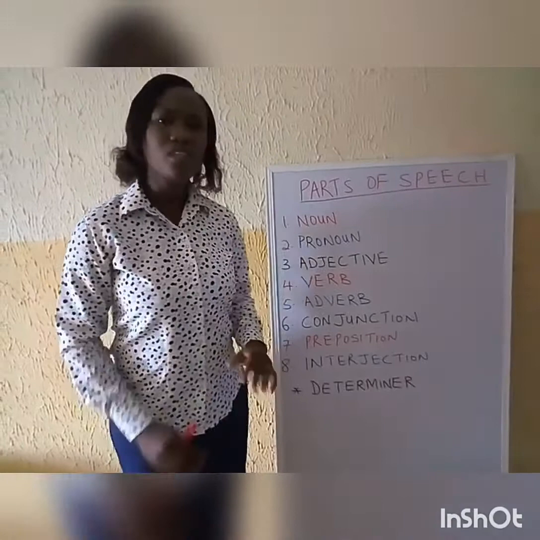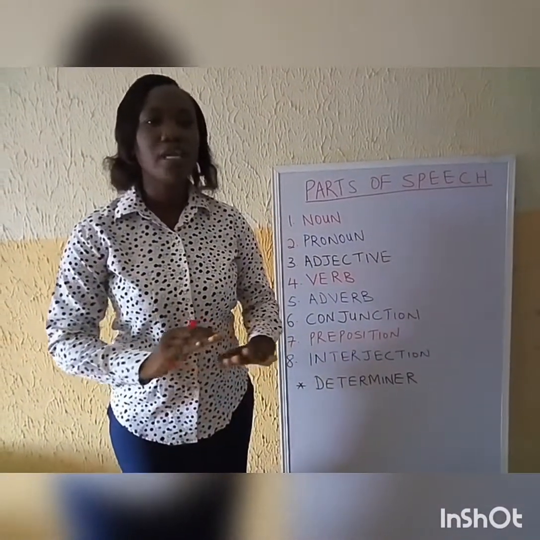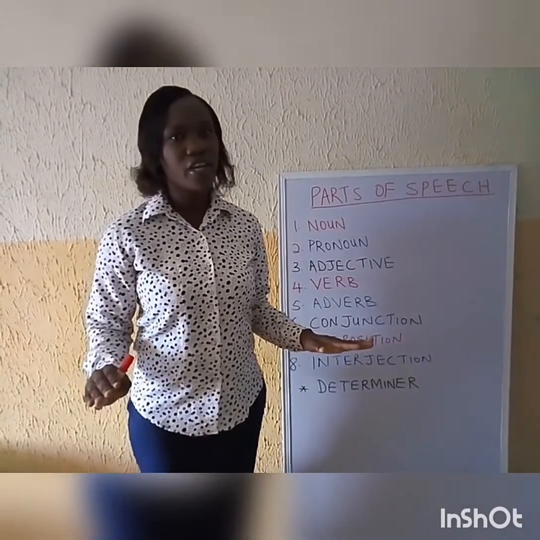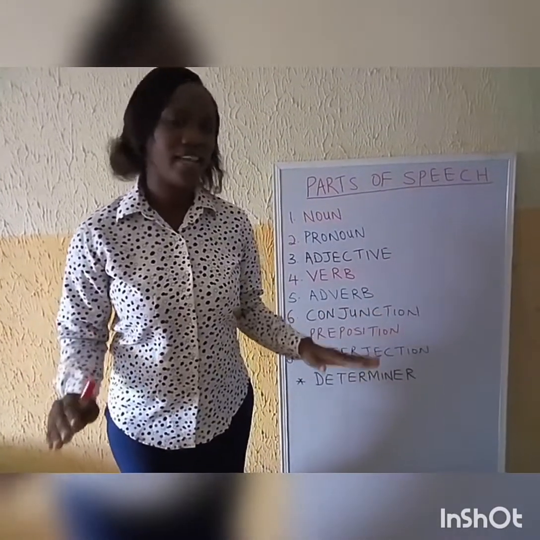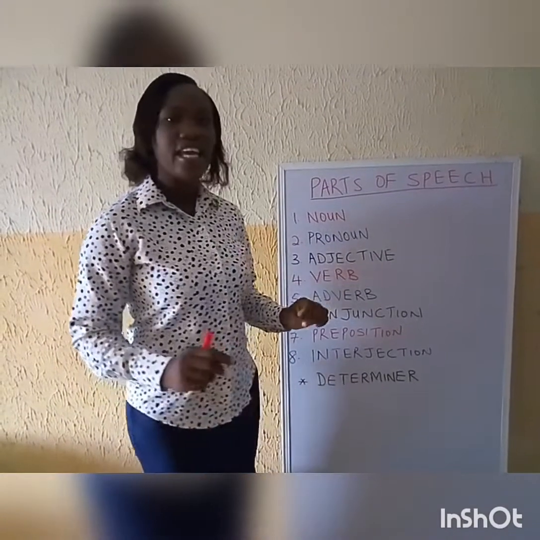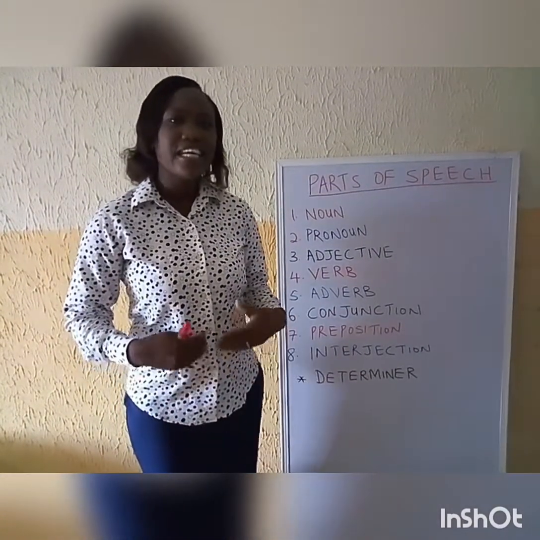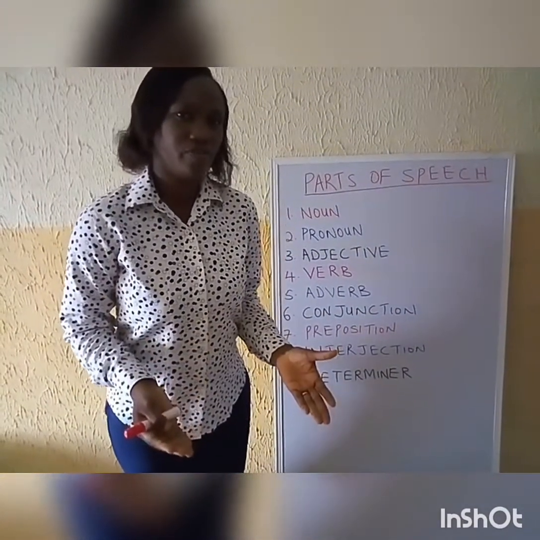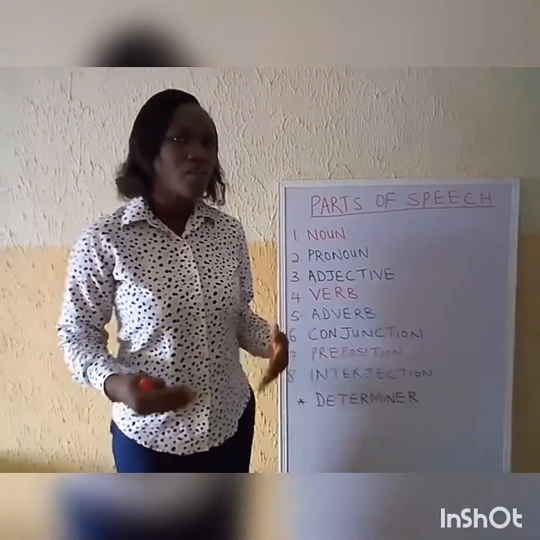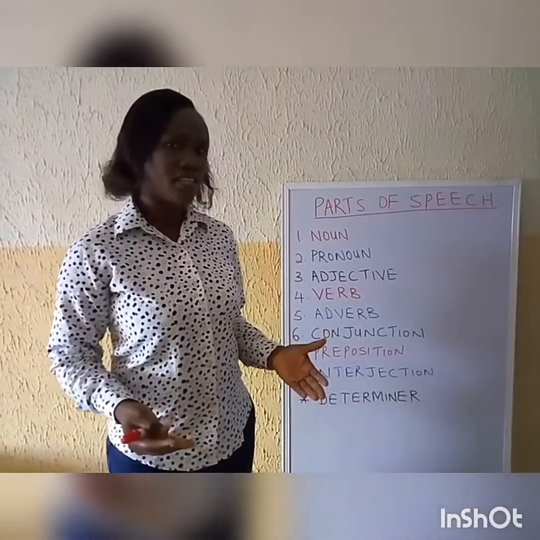Verb. Verb is the most important part of the sentence. Without the verb, there is no sentence. And so, the verb is the word that indicates the action or the state of things or the process of things in the sentence.